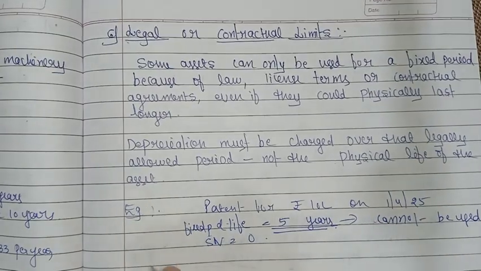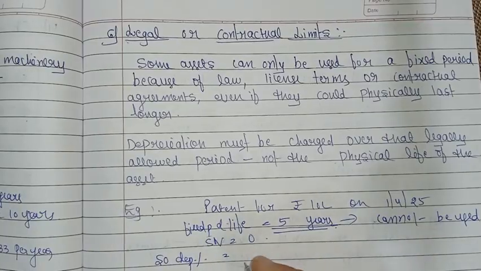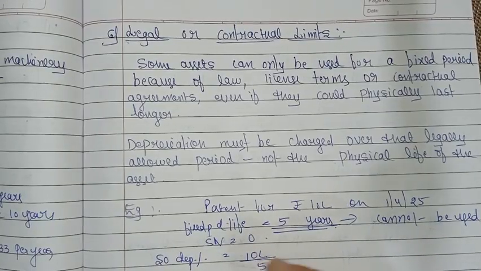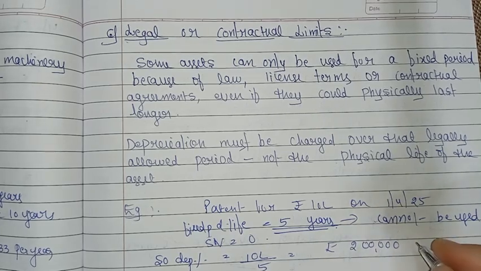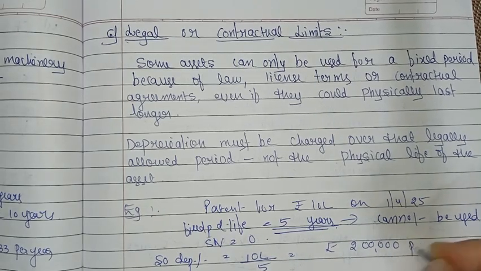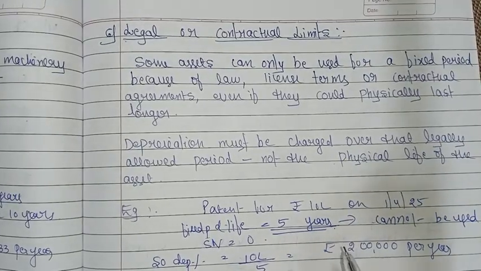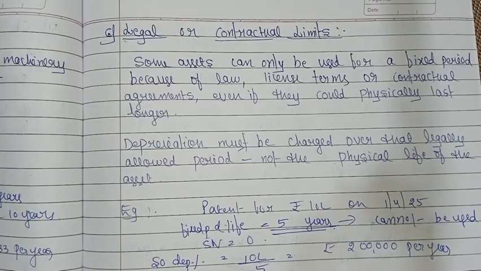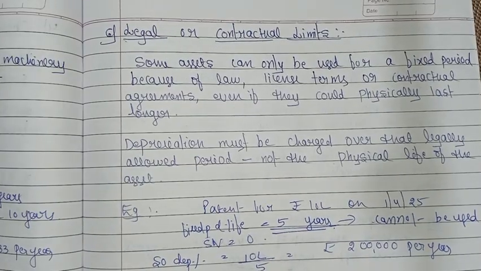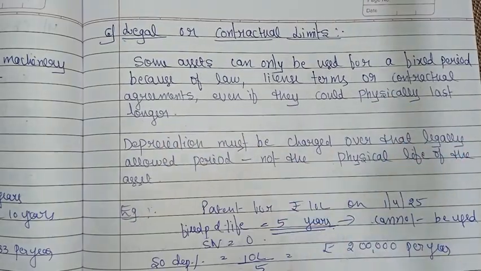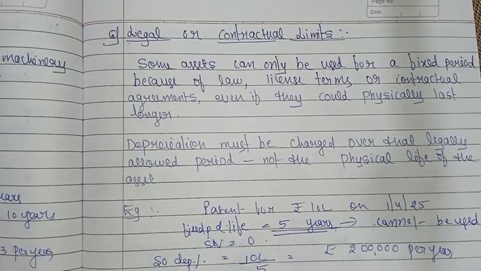So we need to calculate the depreciation over that legally allowed period: 10 lakh divided by 5, that is rupees 2 lakh per year. We should not consider 10 years. The depreciation period is decided by the legal life or the contract period, not the physical working life of the asset. That is legal or contractual limits.